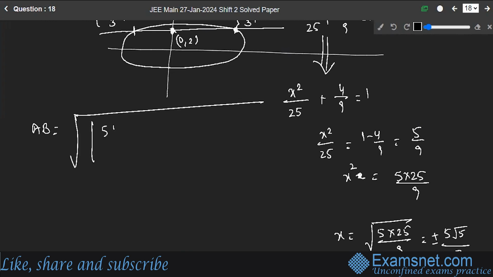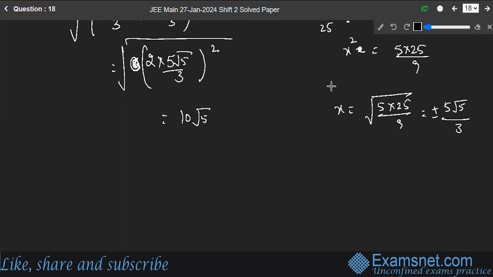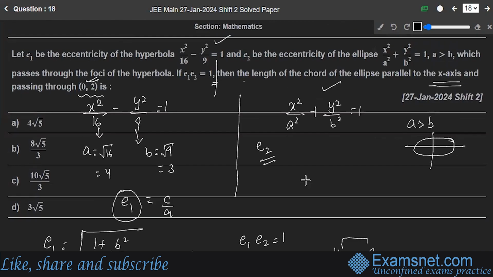This will be the square root of 5 root 5 upon 3 plus 5 root 5 upon 3 whole square plus 2 minus 2 square, which will be twice 5 root 5 upon 3 whole square under the root. Okay, so this will give me 10 root 5 upon 3. This is the answer to the question. That makes C as the correct answer. Hope you're clear with this.